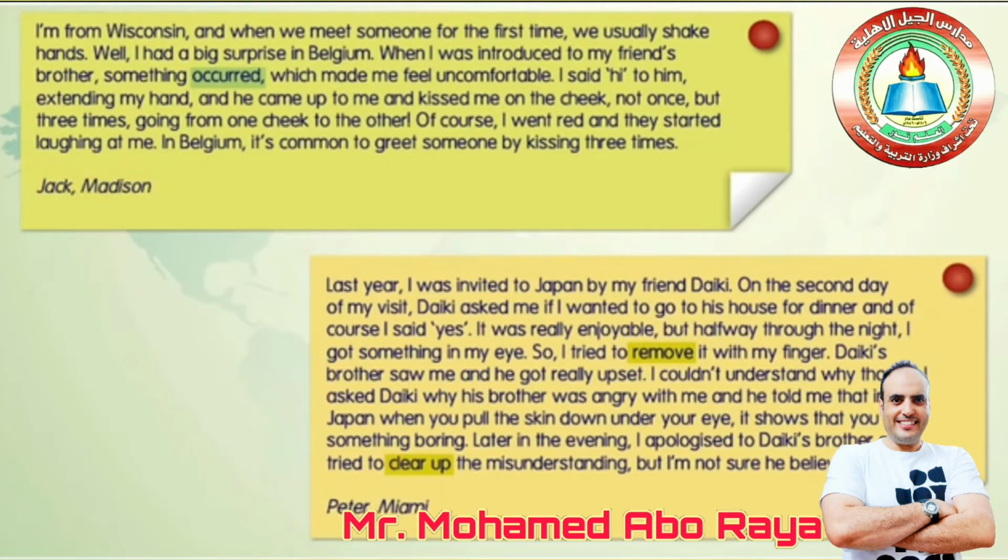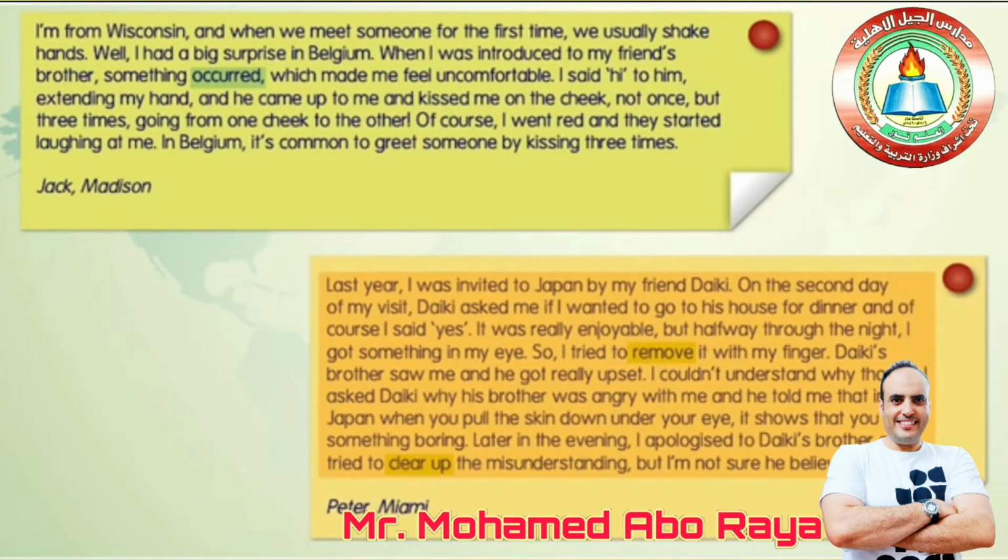Jack, Madison. Last year I was invited to Japan by my friend Daiki. On the second day of my visit, Daiki asked me if I wanted to go to his house for dinner, and of course I said yes. It was really enjoyable, but halfway through the night I got something in my eye. So I tried to remove it with my finger. Daiki's brother saw me and he got really upset.